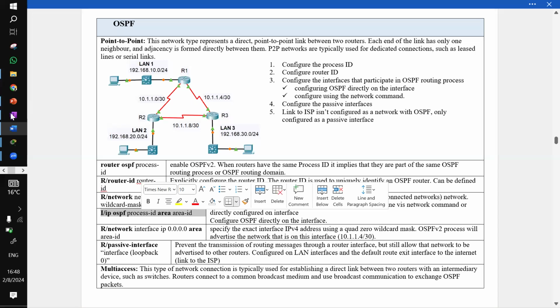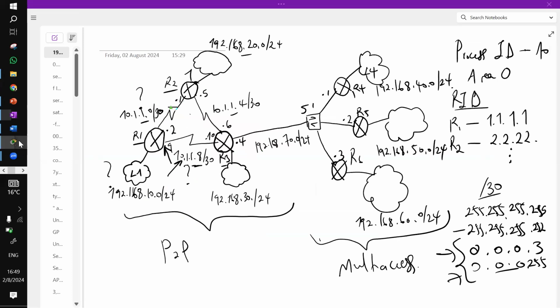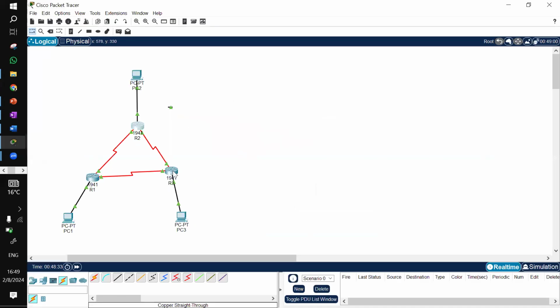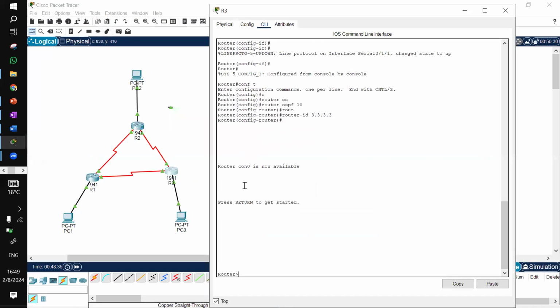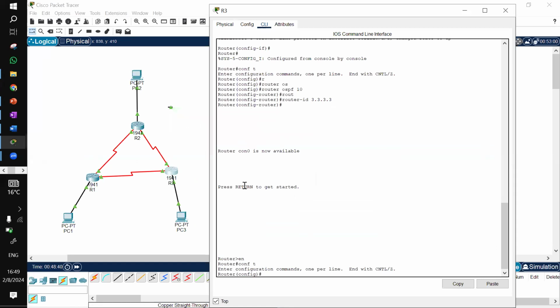So from R3, we know of this network. We are going to go to the interfaces: interface 0/0, serial 0/1/0, and 0/1/1. And we're going to use the interface configuration command. Config T. Instead of going via the router process ID, we go directly to the interfaces that are directly connected to our router.